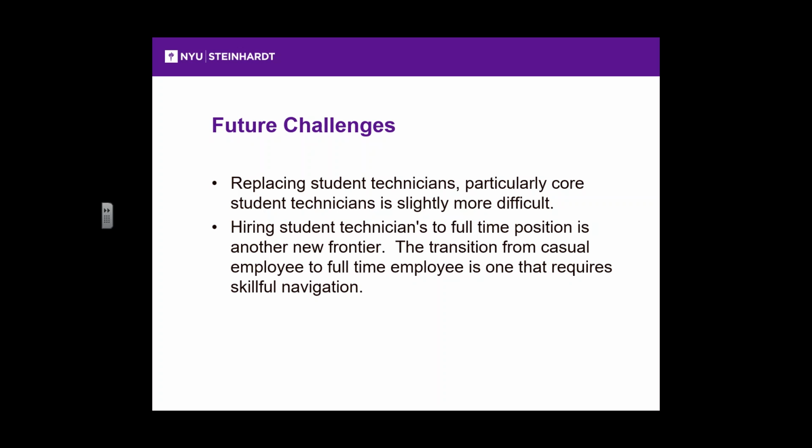And the second one is hiring new student technicians to fulfill a full-time position, which is a new frontier, right? The transition from casual employee to full-time employee requires skill for navigation. We haven't crossed that bridge yet, but I imagine it's only a matter of time before we do.